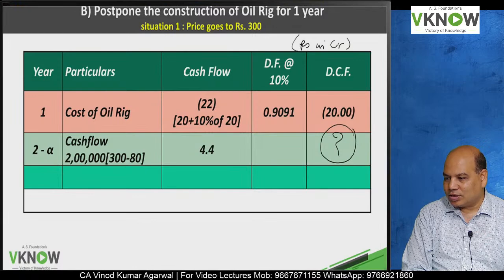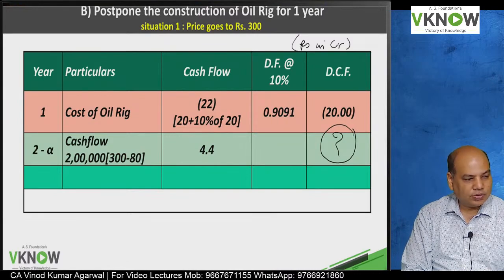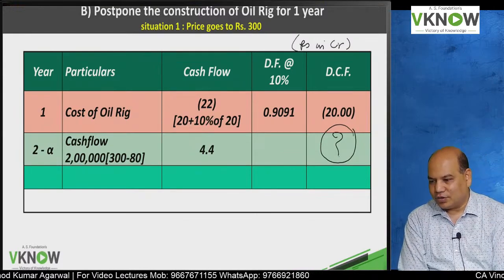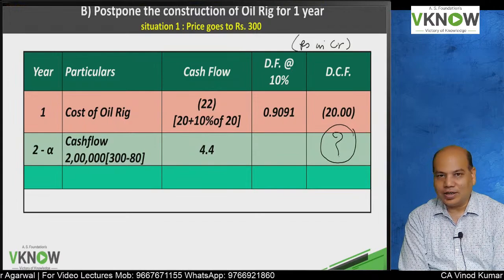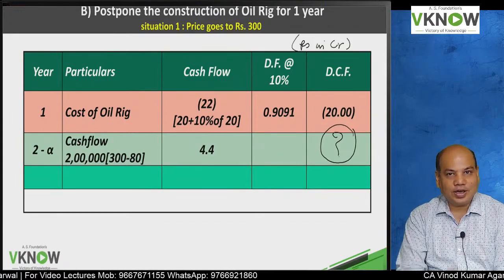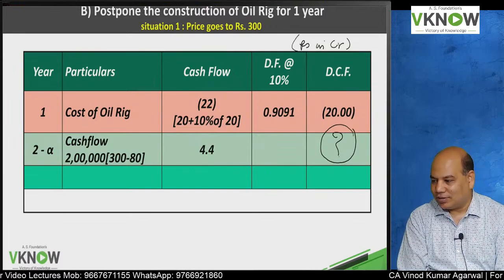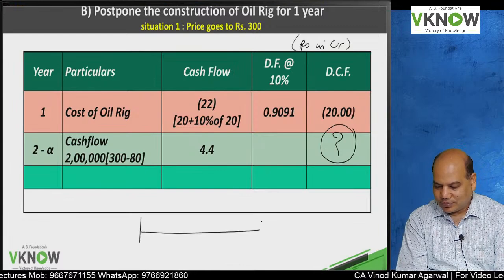One student is saying 4.4 divided by 10%, 44. 44 is not right. Come on, try again. 44 is not the final answer. It is an incomplete answer. I know somebody will say 44.